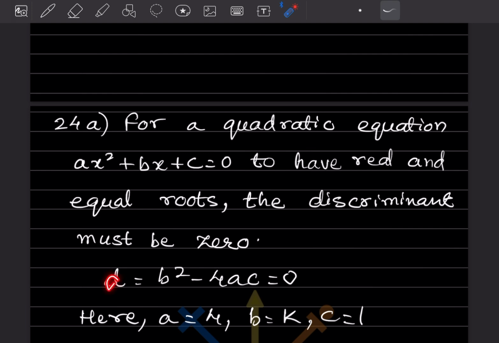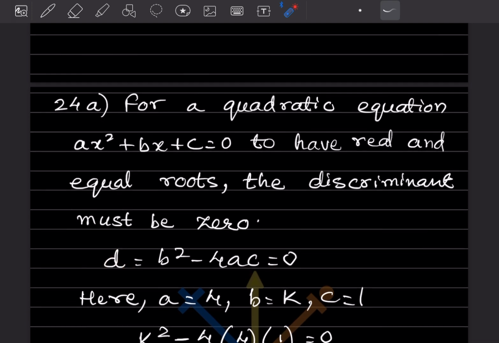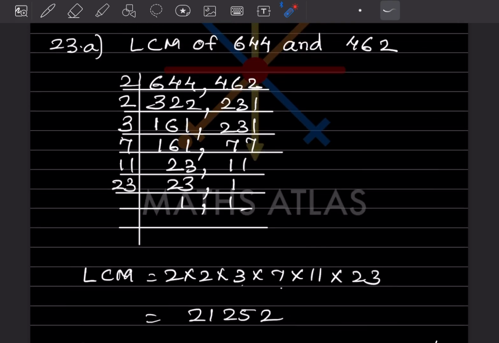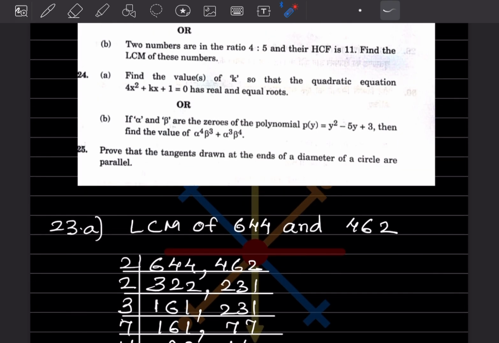The discriminant is b square minus 4ac is equal to 0. Here the equation has been given as 4x square plus kx plus 1. So A is 4, B is k, and C is 1.